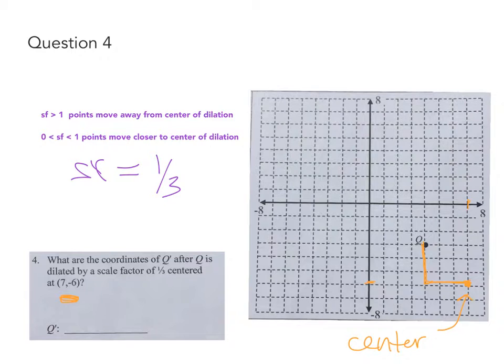Okay, so we've got to be really careful now that we understand what happens. This point Q is going to move towards the center of dilation so that its distance from the center is 1/3 of what it currently is. So let's go through, and I'm going to try to draw in the diagonal here. It's really tough to do on my iPad.